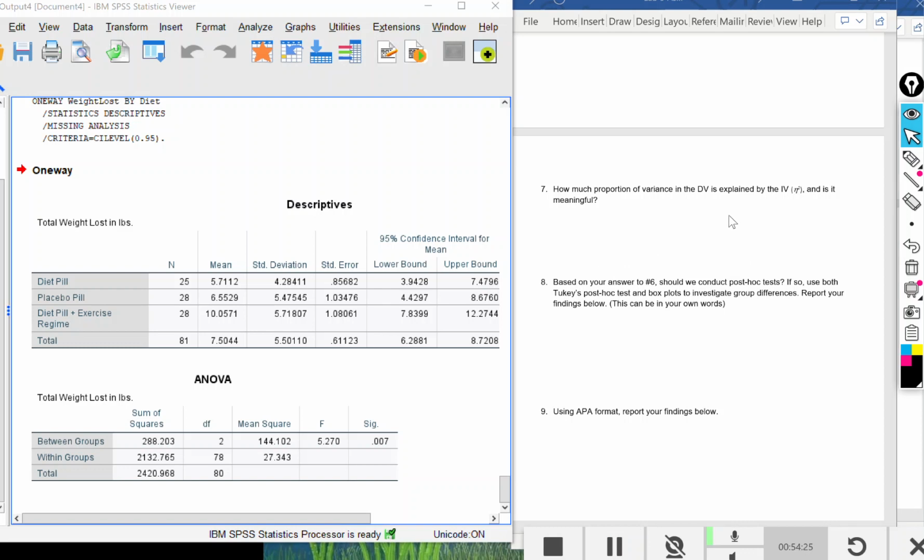Basically what this means is we have an IV that is predicting or influencing the DV.